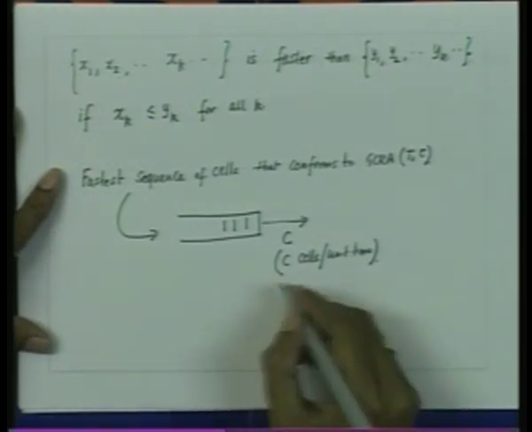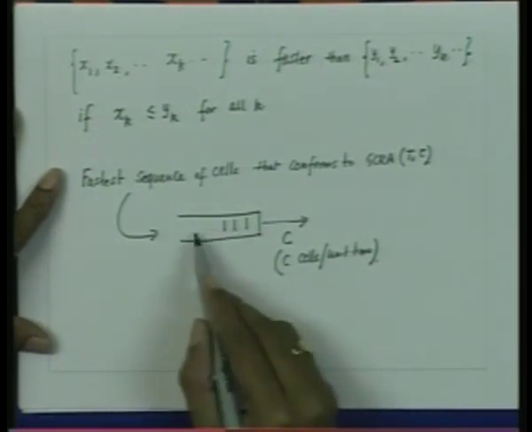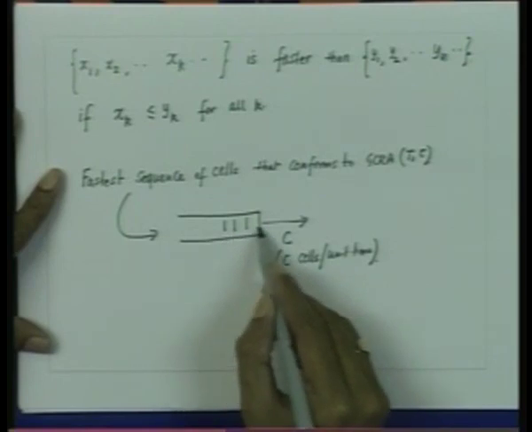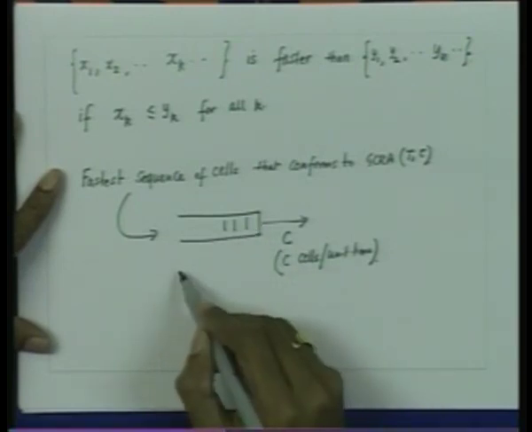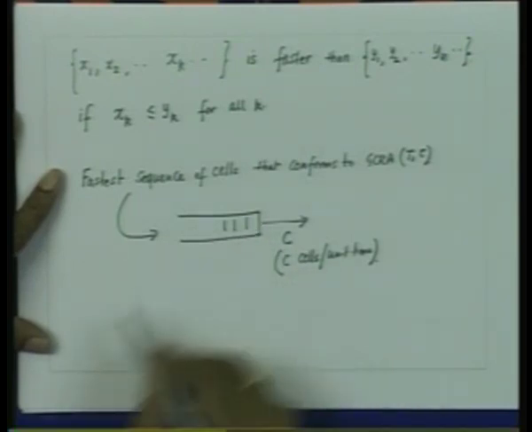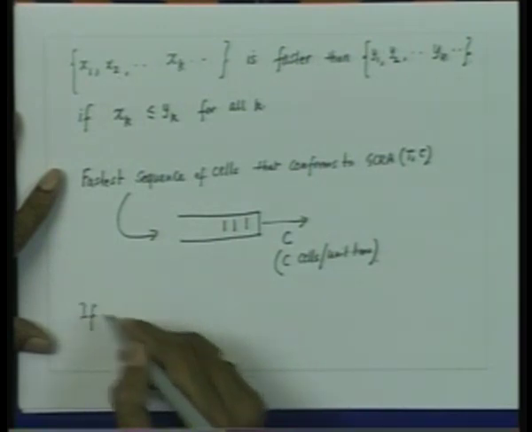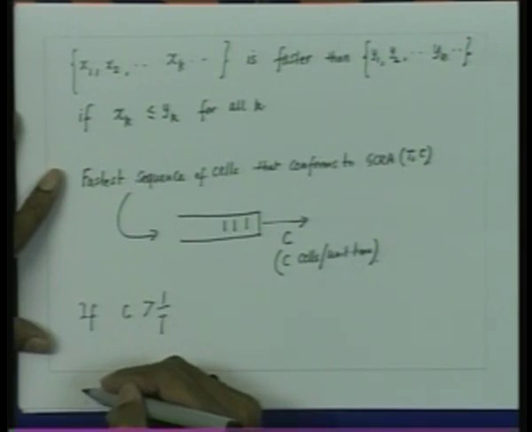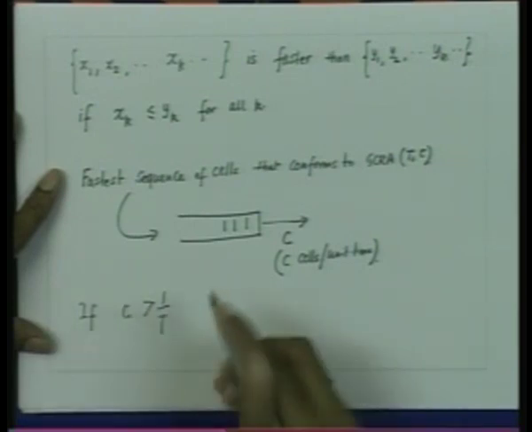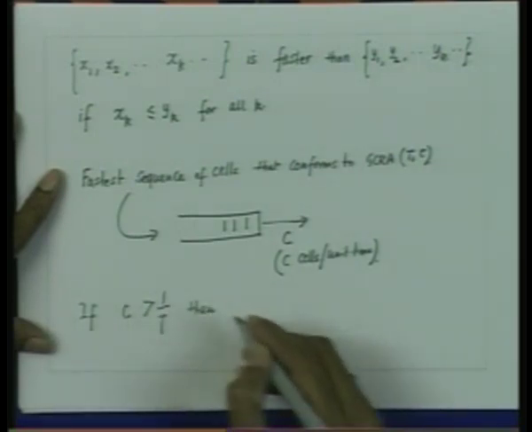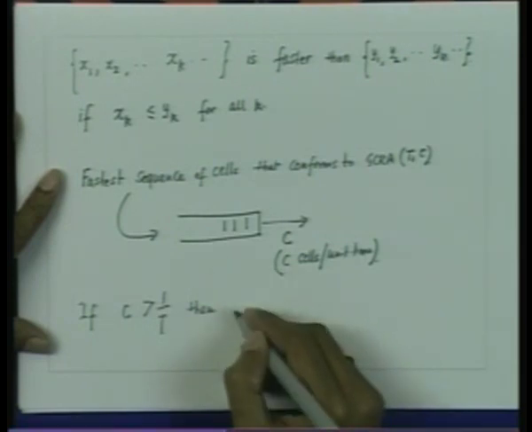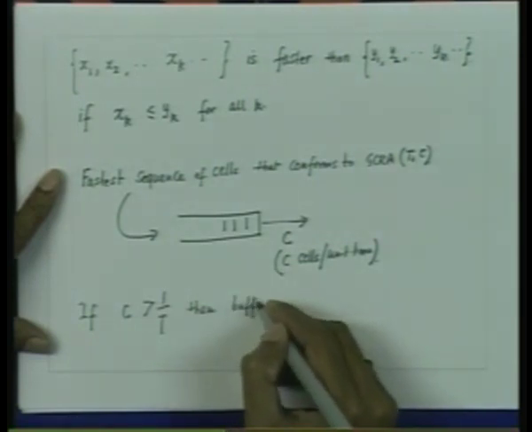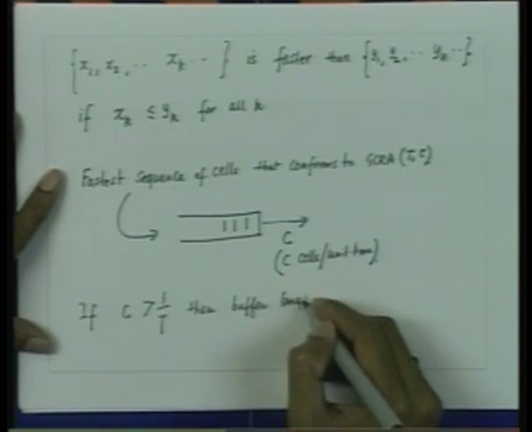Obviously this fastest sequence of cells will generate the maximum backlog. Now, we assume that if C is greater than 1 by T, then the queue length, or the buffer length, will always be finite.